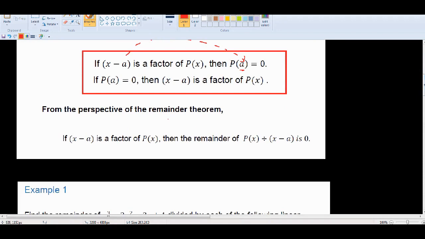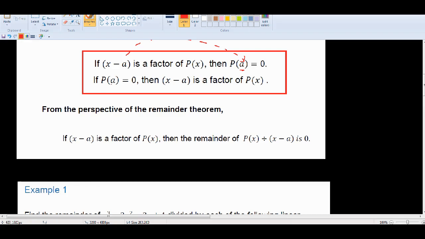From the perspective of remainder theorem, if x minus a is a factor, then the remainder should be 0, because according to the remainder theorem, putting a into the polynomial P(x) finds the remainder.